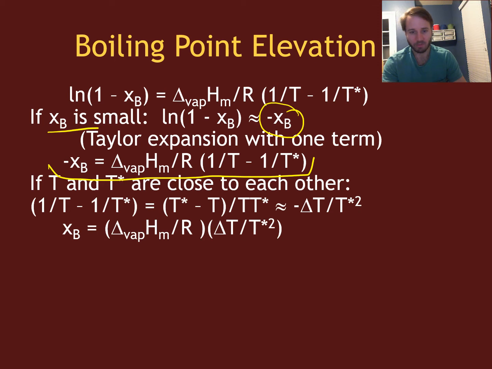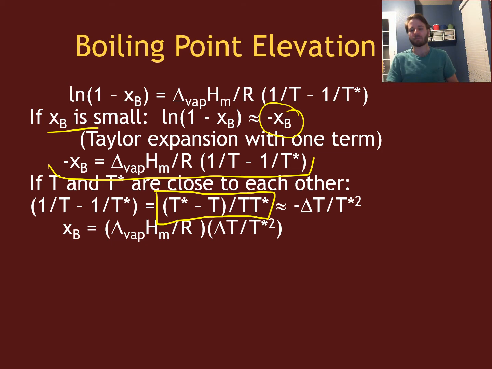Then finally, we're going to use the fact that this 1 over difference in temperatures can also be written as this up above here, which, if we assume that the new temperature is similar to the old temperature, should be a reasonable assumption. If I'm basically adding just a small amount of my solute into my solvent, the vapor pressure of the solvent shouldn't change significantly and its boiling temperature shouldn't change significantly.